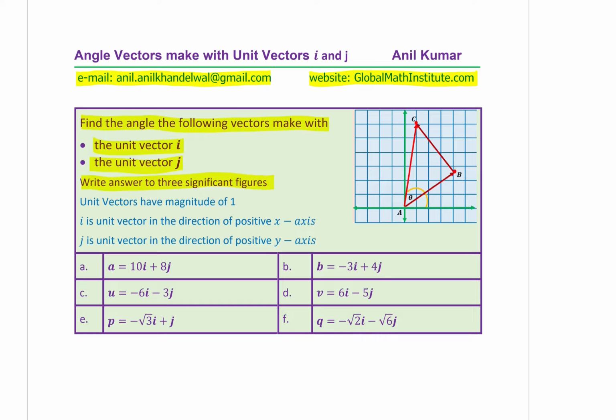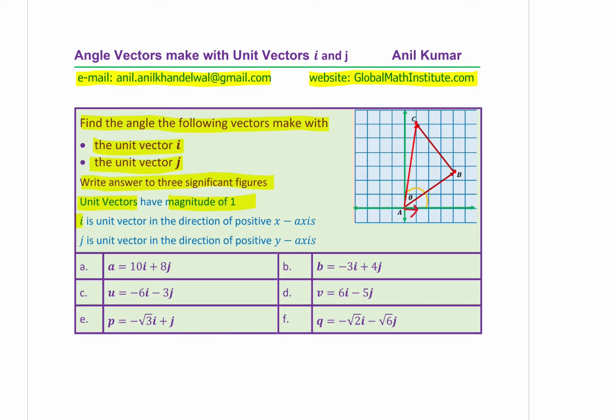Now, I hope you understand what is a unit vector. Well, the unit vector, as the name suggests, has a magnitude of 1 unit. But as you know, vectors have both direction and magnitude. So magnitude of unit vector is 1 unit. When I say i, that really means we are talking about a vector which is along the x direction.